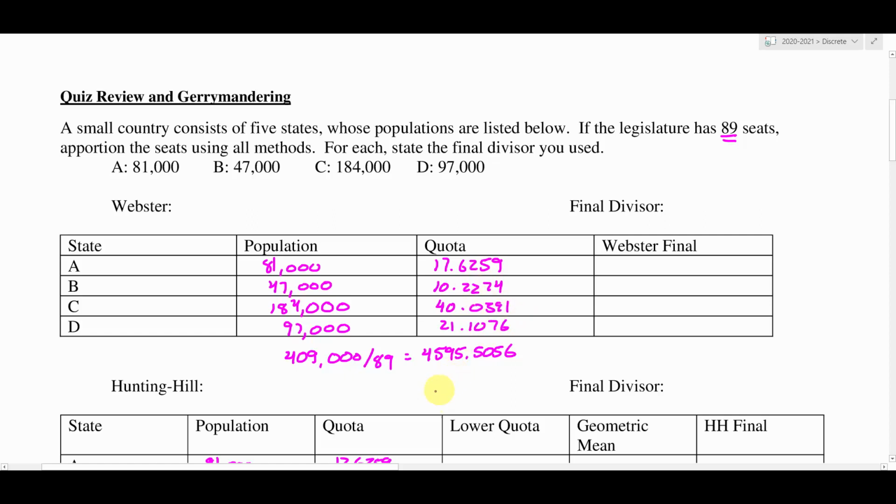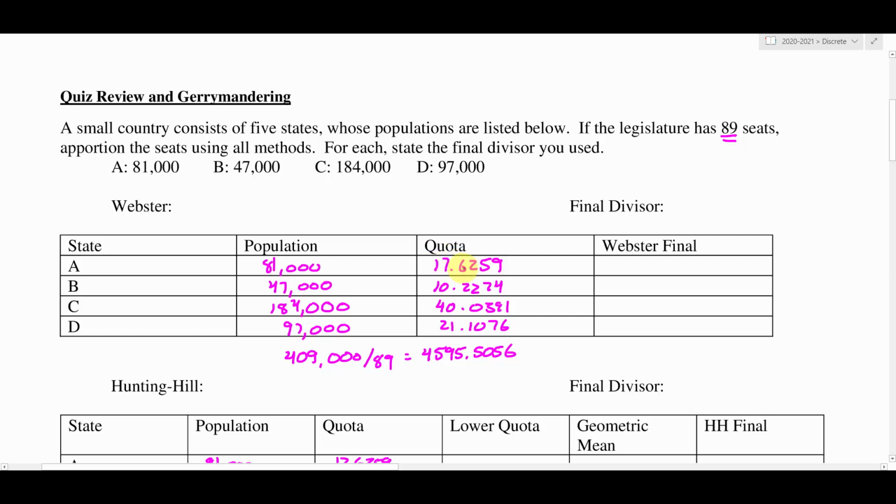All right, so I got my quotas, and now we're going to follow Webster's instructions on what to do with those quotas. Remember, what Webster said to do was to take the quotas and round them based on 0.5. If it's above 0.5, it's going to round up to the next number. If it's below 0.5, it'll stay at that lower quota, so it will go down to that whole number.